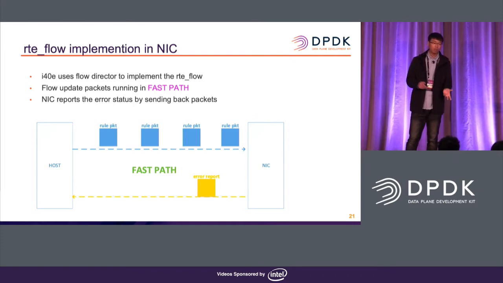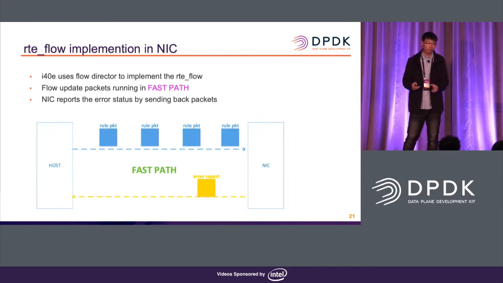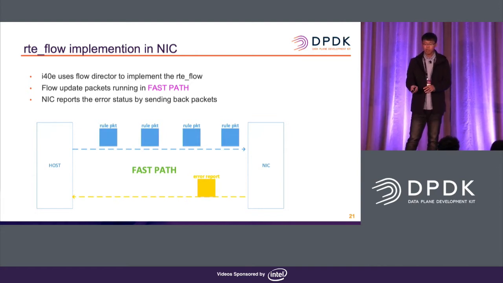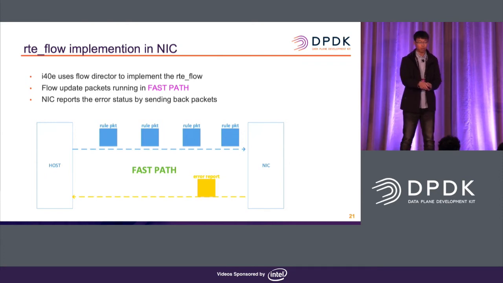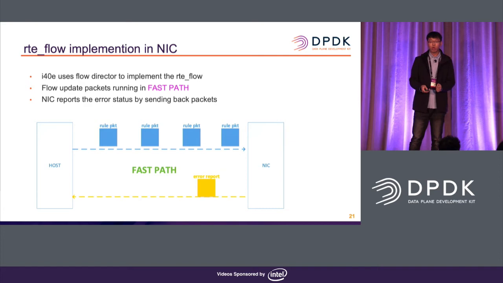The flow update packets run in the fast path, and we can see that the host on the left can continually send out raw packets to the NIC, and the NIC will report the error status to the host if there's a programming failure. We can see that in the green block. So theoretically speaking, the insertion can reach a very high rate.